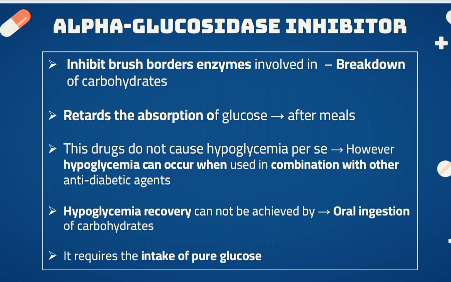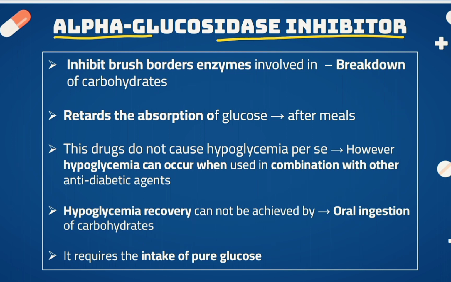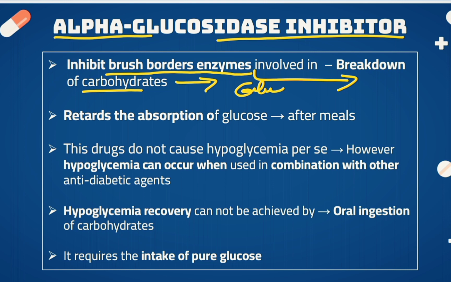There is another class of drugs known as alpha-glucosidase inhibitors. Their mechanism of action is by inhibiting the brush border enzymes which are usually involved in the breakdown of carbohydrates, and this breakdown of carbohydrates produces glucose.